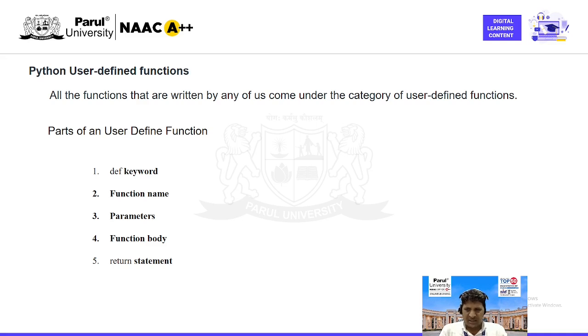And the next one is return. The return statement and parameters are not compulsory, they are optional. Def, function name and function body, these three parts are compulsory when we define any function.